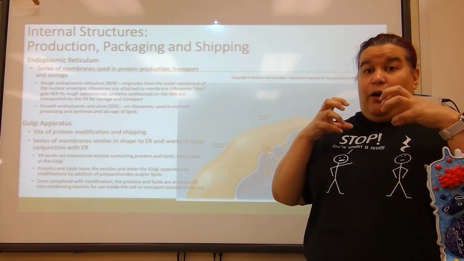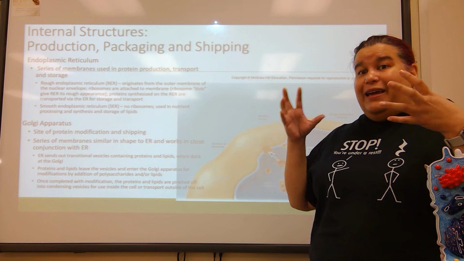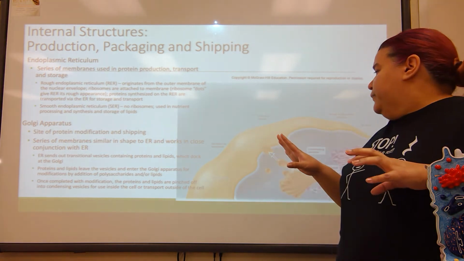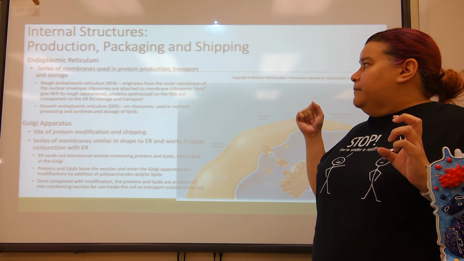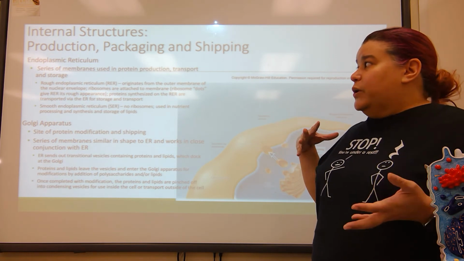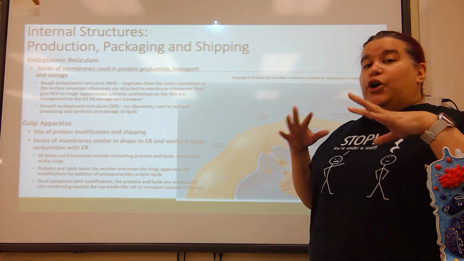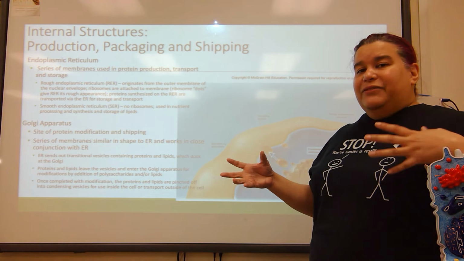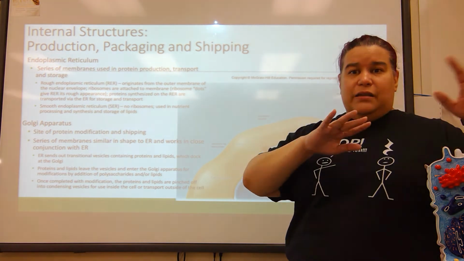Now, once they are made, then the endoplasmic reticulum can package them and transport them where they need to go. Either they can go to the endoplasmic reticulum as storage, or they can go to the cell membrane, or they can go to another part of the cell. But the rough endoplasmic reticulum is kind of like the post office that packages and then sends to wherever it needs to go.